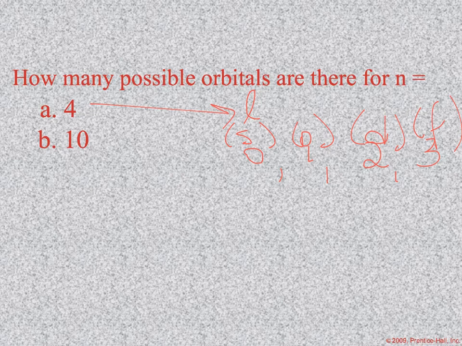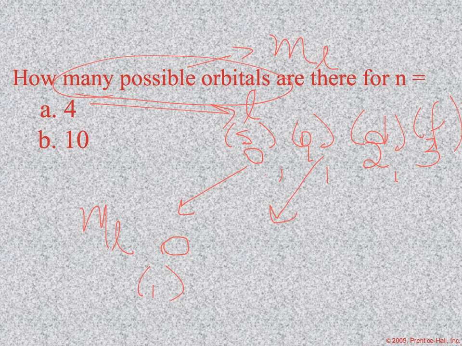The number of orbitals are given by m sub L. So if you didn't get that down earlier, put it down now. The number of orbitals in a sublevel are given by m sub L. So let's look at the m sub L. If L is 0, m sub L also must be 0. That's it. So there's only one m sub L value, or one orbital, in an S sublevel.